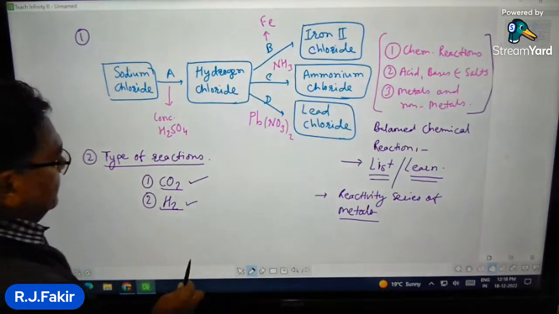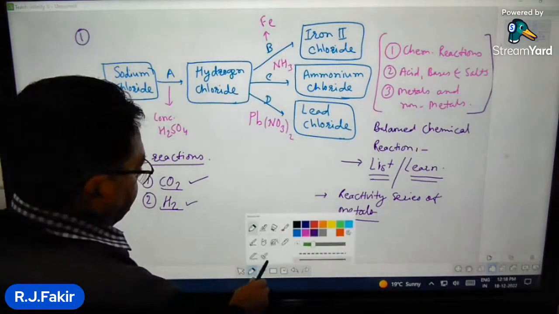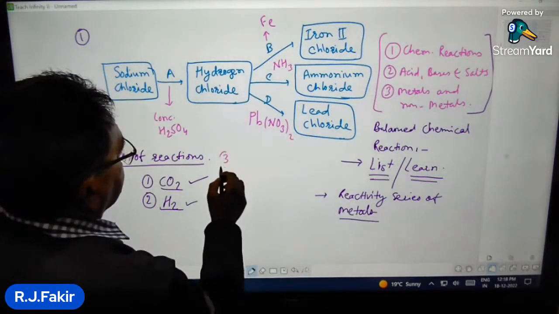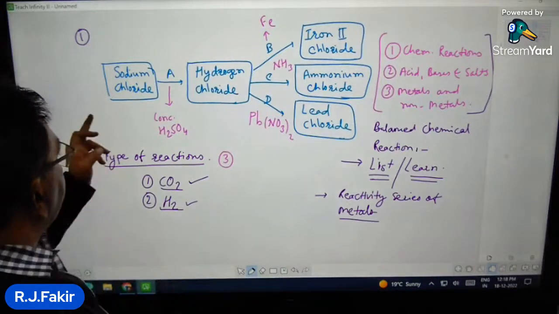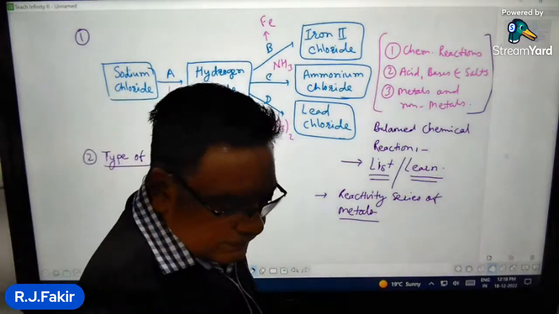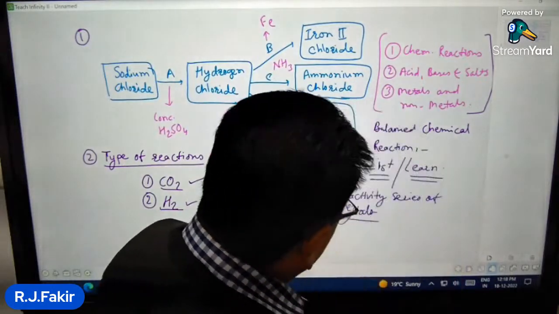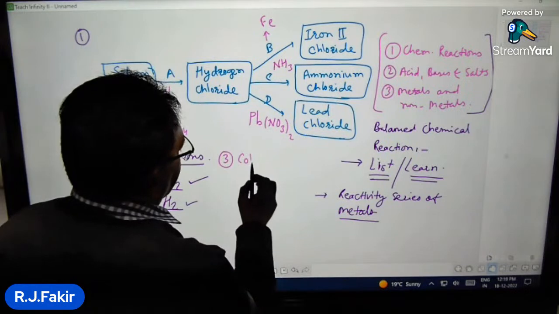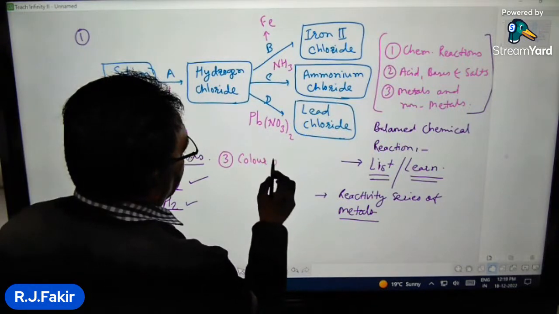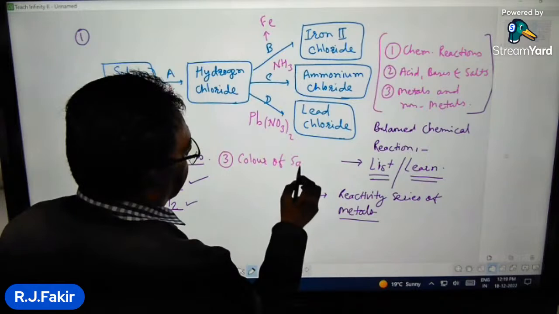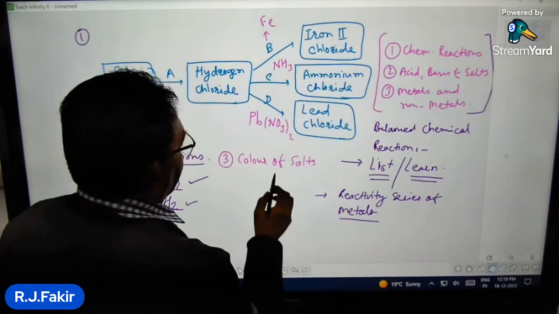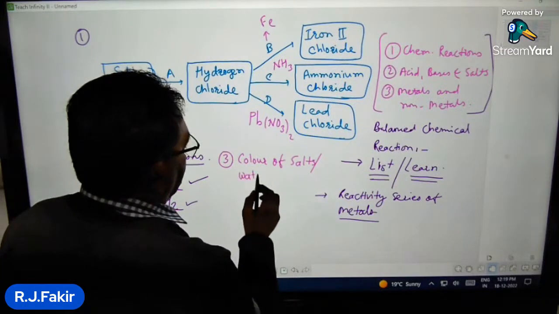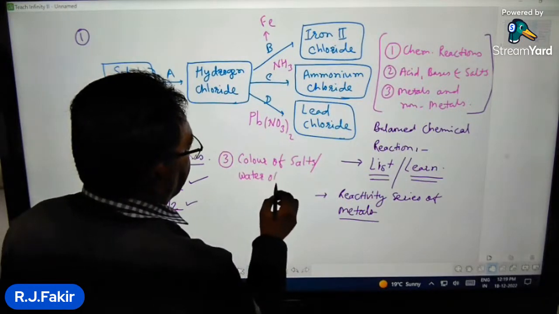Along with this, the third thing, these are the two topics now, and the third one is color of salts and water of crystallization. There is one topic in your book, color of salts and also the water of crystallization.